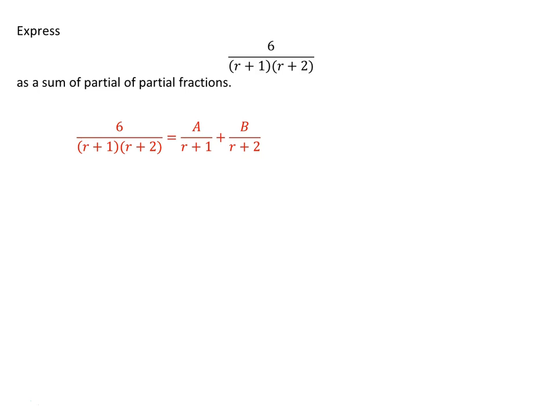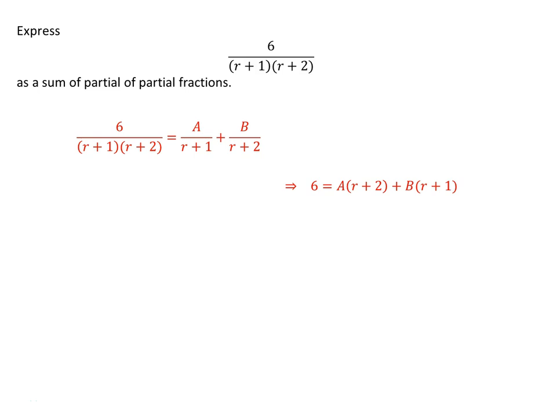If we do that, we're going to obtain 6 on the left-hand side must equal a times (r plus 2) plus b times (r plus 1). Now, this identity needs to be valid for all possible values of r.